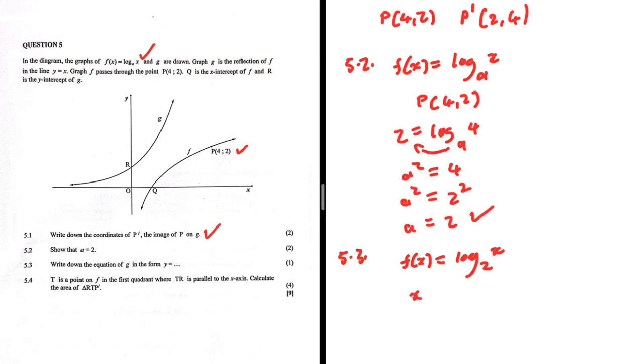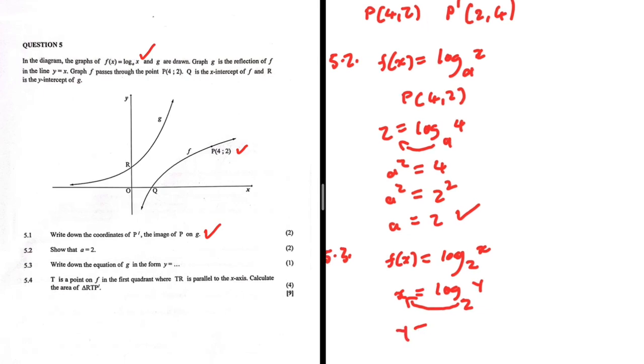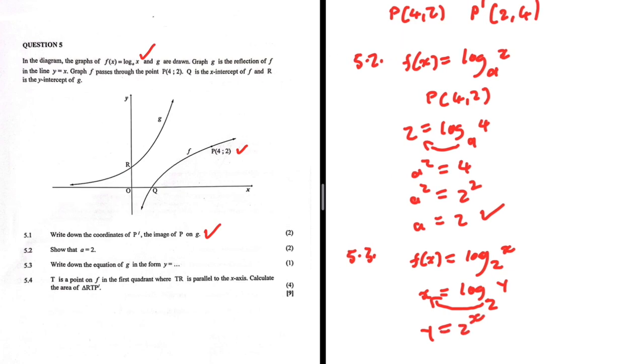In place of y, we put x, and in place of x, we put y. And a is 2, I forgot. Now it's just a matter of solving for y. Obviously, the 2 is going to carry the x. We're going to have y being equal to 2 to the power x. And there we go. We have the equation of g of x.